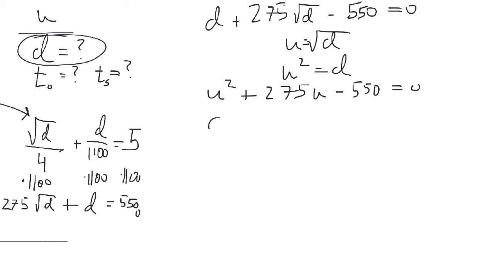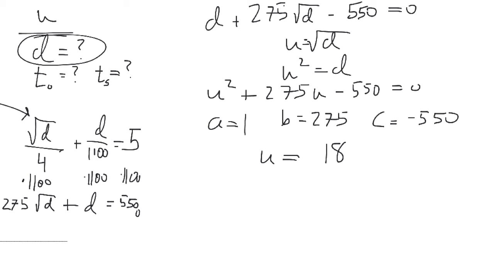So, no way we're going to factor this one. A equals 1, B equals 275, and C equals negative 5,500. The quadratic formula, x equals negative b plus or minus the square root of b squared minus 4ac all over 2a, yields that u should equal 18.725.